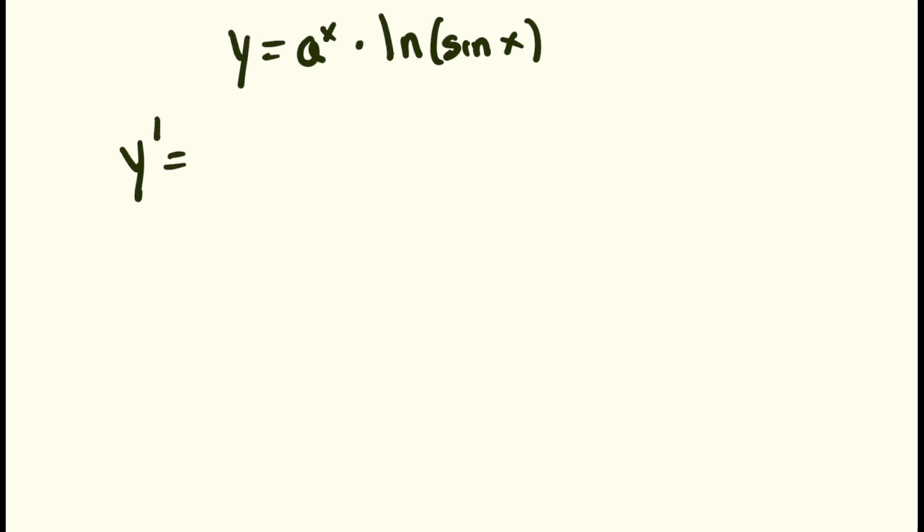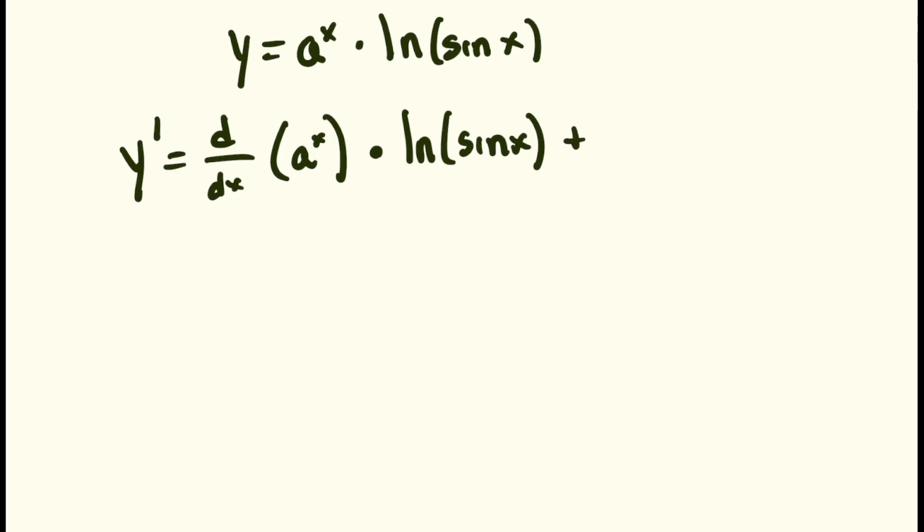So we started off with y is equal to a to the x times the natural log of sine of x, and we wanted to take the derivative of that. So we knew we were going to have to take d dx of a to the x times the natural log of sine of x, plus, leave our first bit alone, times the derivative of natural log of sine of x.